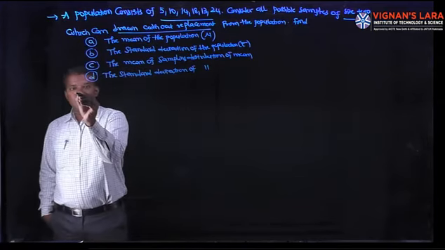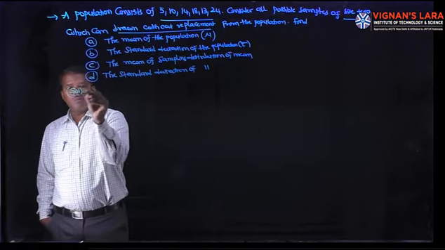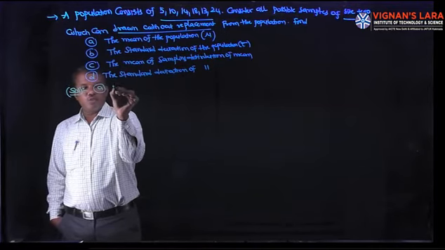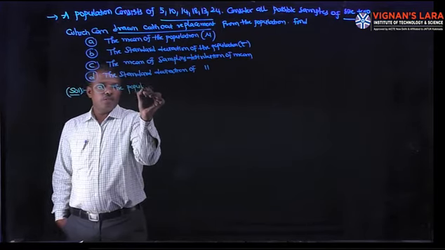Here the population consists of 6 elements. So the very first problem, the population mean mu.